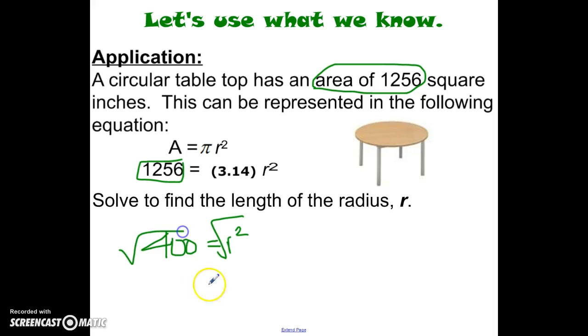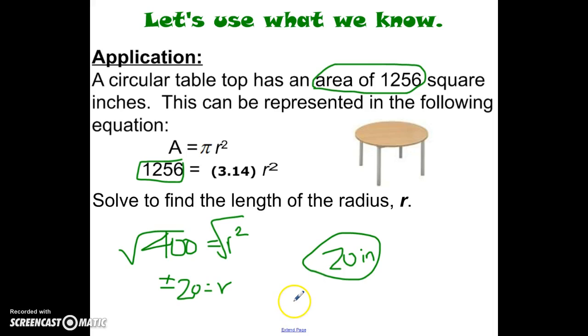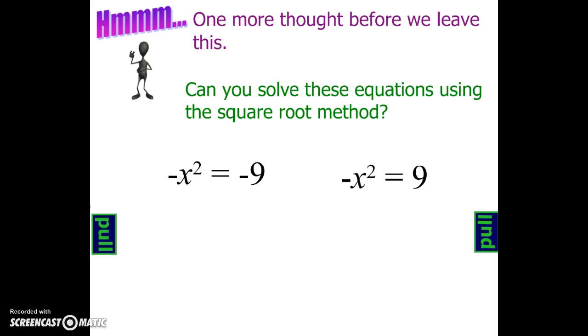Take the square root of each side. r equals positive or negative 20. And then we have to think about, I have my two solutions as positive 20 or negative 20. I can't have a tabletop with a radius of negative 20. So it would be 20 inches as your final answer. So that's that bottom question.